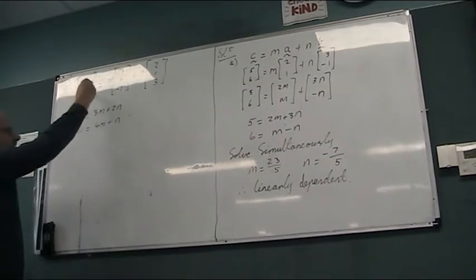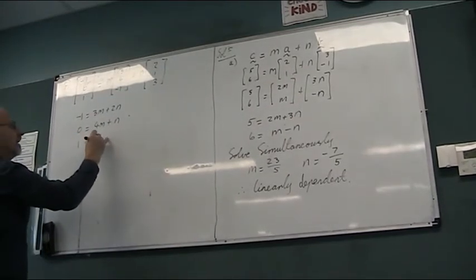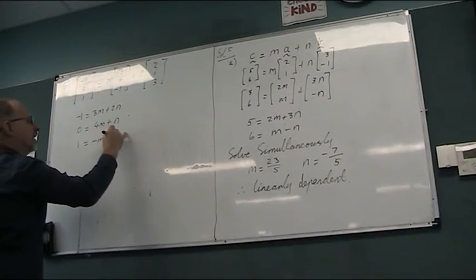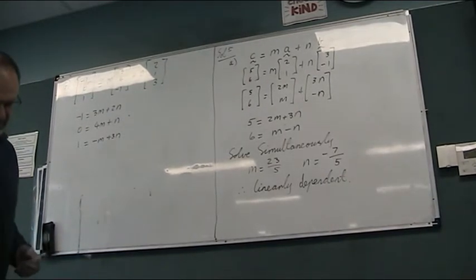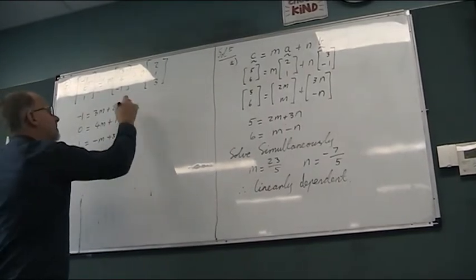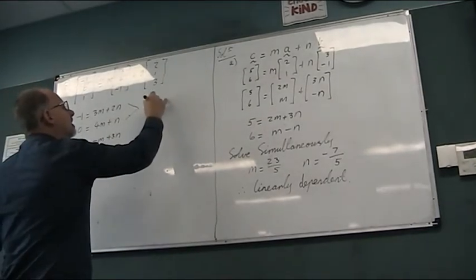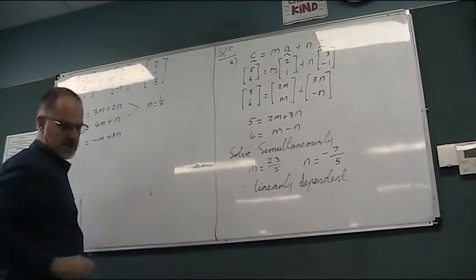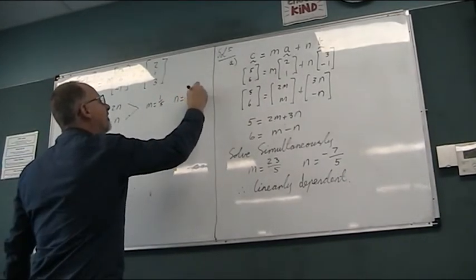And then our third row, 1 has got to equal negative m plus 3n. So we've got 3 equations and 2 unknowns, so we can solve them pretty easily. And because I've prepared one earlier, if you solve two of these simultaneously, you get that m is 1/5 and n equals negative 4/5.